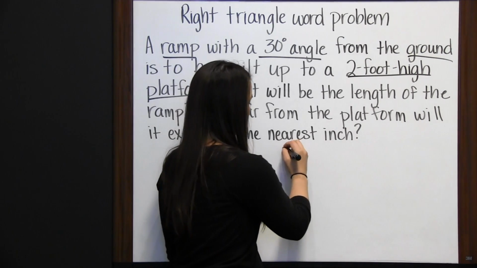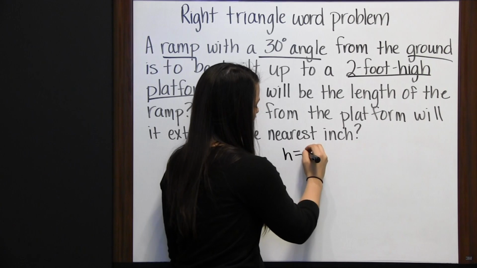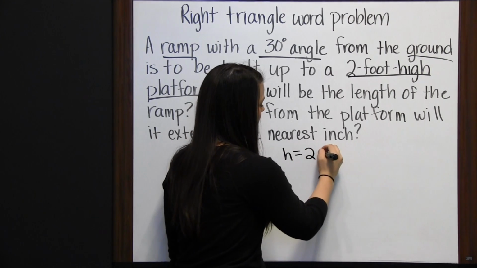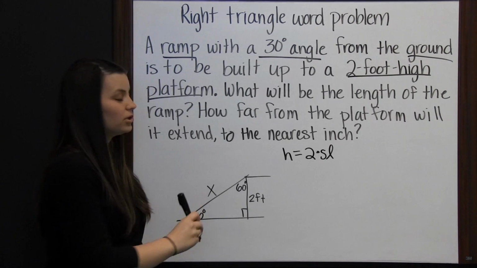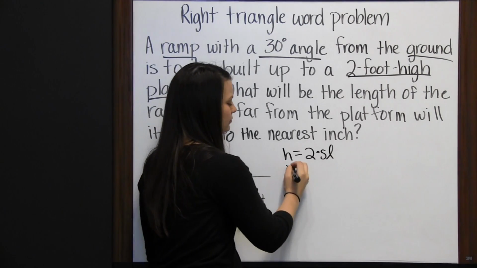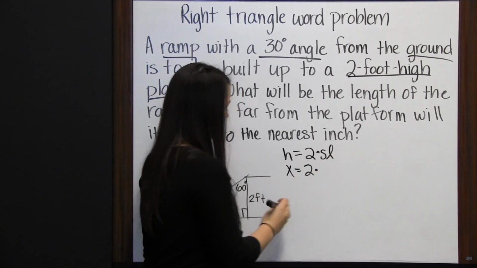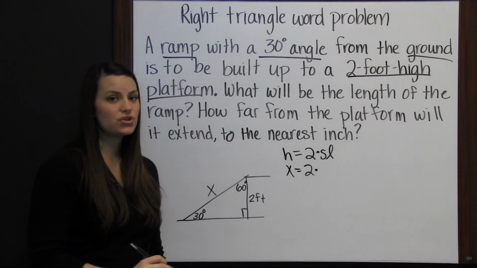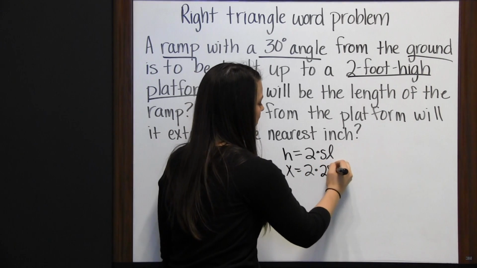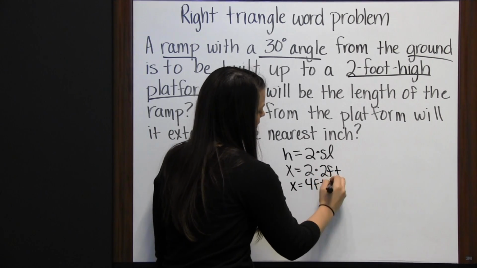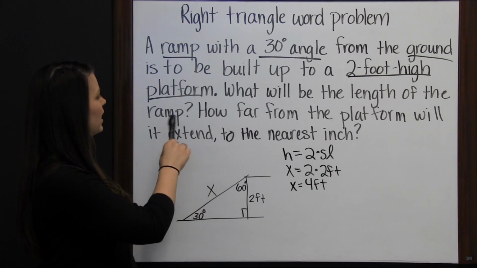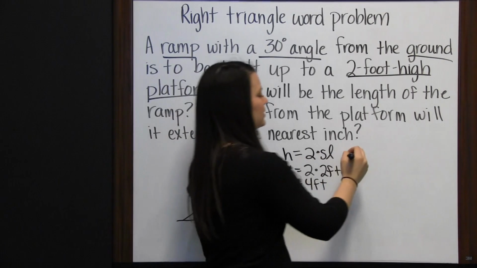And the hypotenuse of a 30, 60, 90 triangle is twice as long as the shorter leg. Our hypotenuse, again, we're using x for, equals 2 times the shorter leg, which is that 2-foot side. So 2 times 2 feet, which means x is 4 feet. Therefore, the length of the ramp is 4 feet.